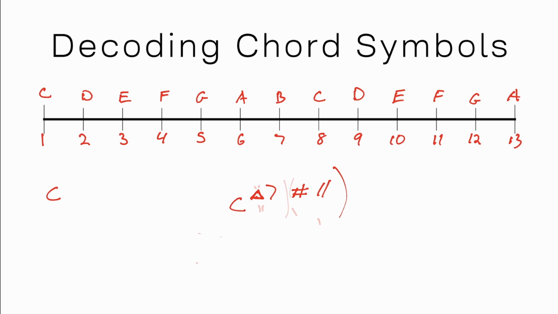But C major 7 sharp 11 with a slash over an E note. And this E note is the bass note of the voicing. So what is being played in the bass? Those are the parts of our chord symbols that I want you to think about as we go from the simplest form of chords to the most advanced form of chords.